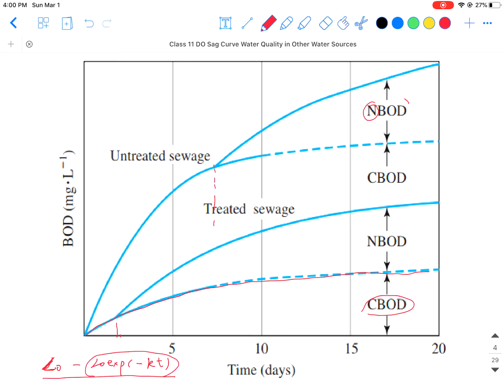You can also see that this amount is quite considerable compared to the CBOD for the untreated sewage and the treated sewage, right? We can also see that the treated sewage has much lower BOD values compared to the untreated sewage.